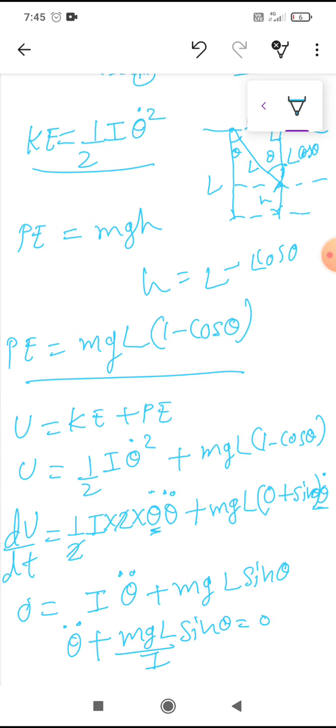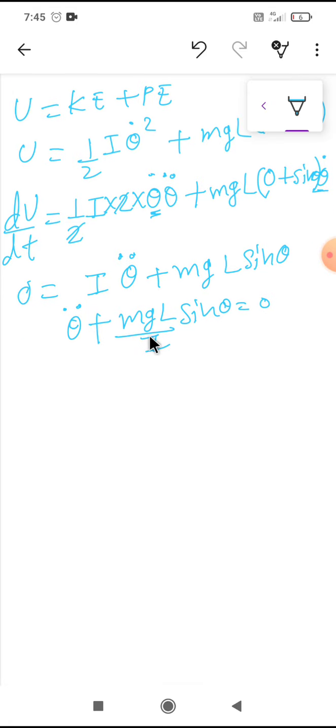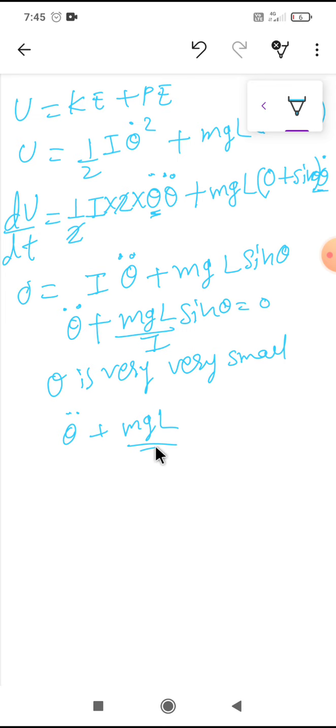The same again, we will write when theta is very small, so we can write sin theta is equal to theta. So we can write theta double dot plus mgl upon I theta equal to 0. Now if we compare this with SHM, we'll get omega n equal to the square root of mgl upon I. Now what is the moment of inertia?